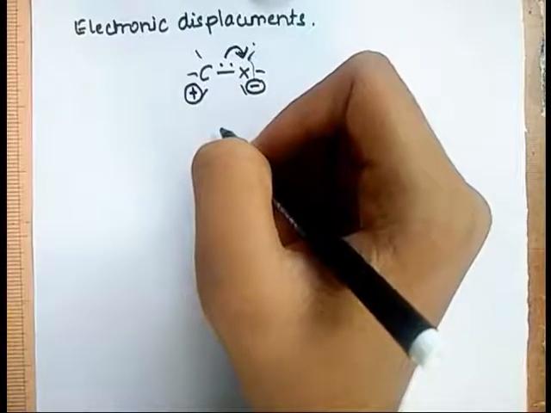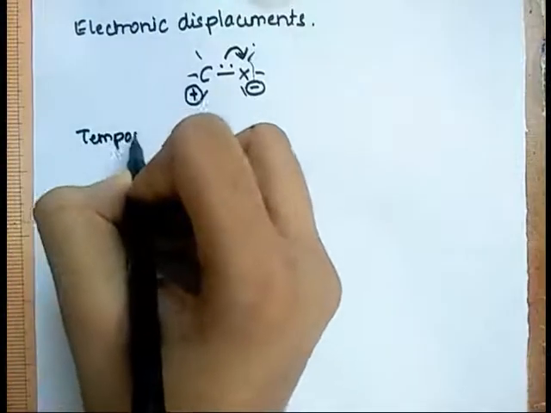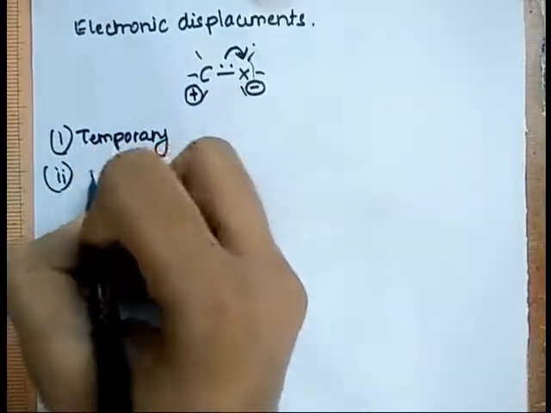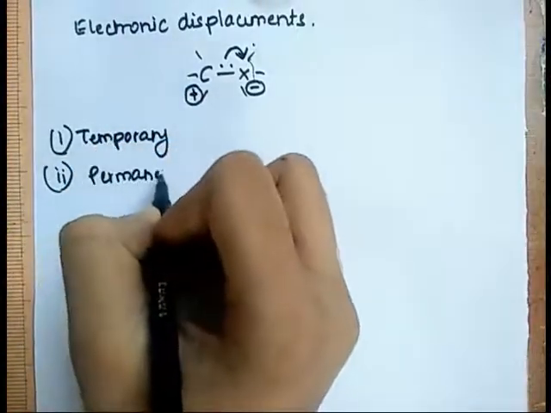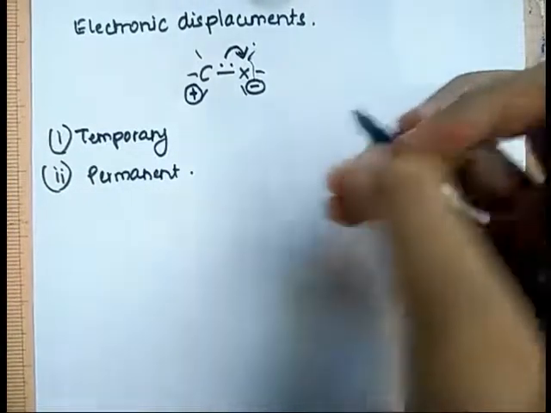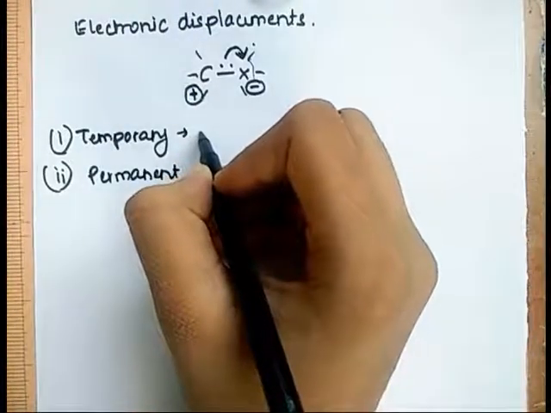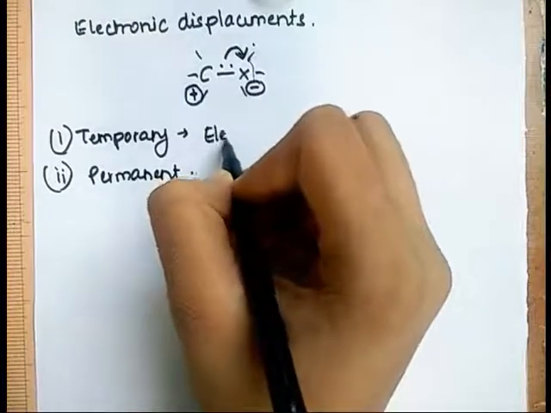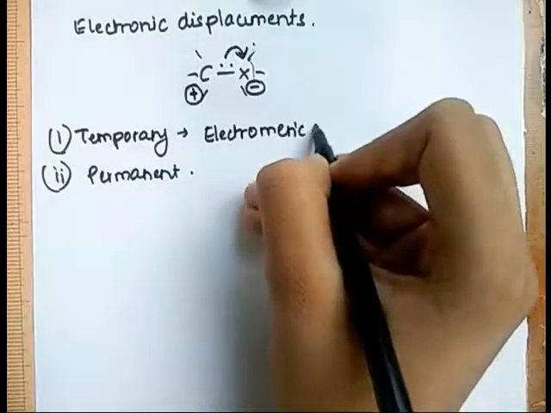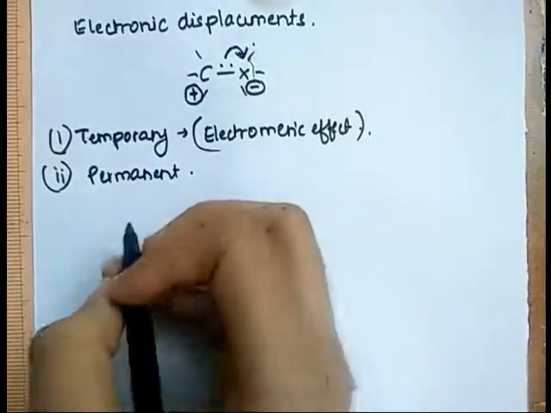So in a molecule, the displacement of the electrons towards another atom, leaving behind charges, is called electronic displacement. Now this electronic displacement can be temporary or permanent. In this video we'll be discussing only the temporary electronic displacement, and the only example of this is the electromeric effect.